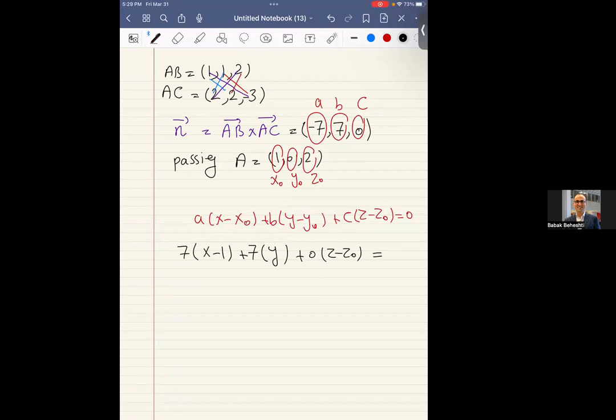So the equation of the plane is given by 7x minus 7 plus 7y. So I can say that 7x plus 7y is equal to 7, or I can simply say that x plus y equal to 1.